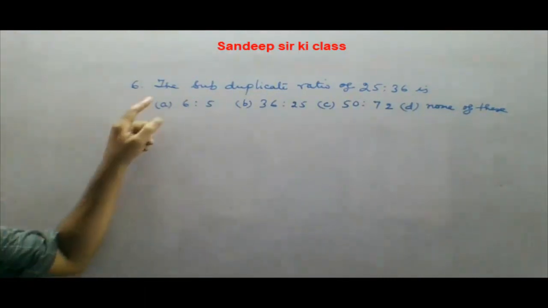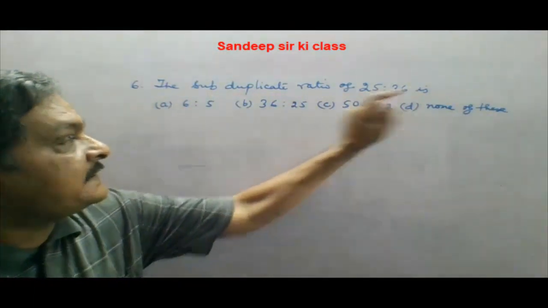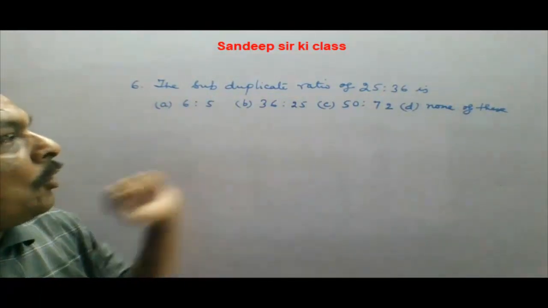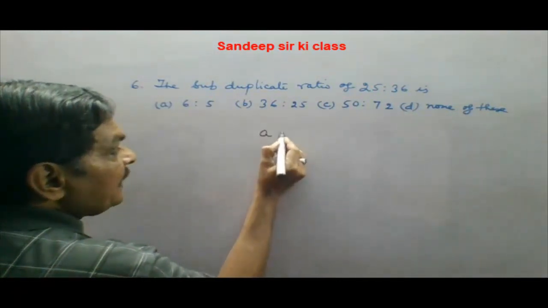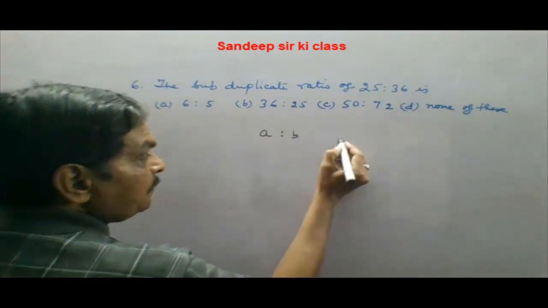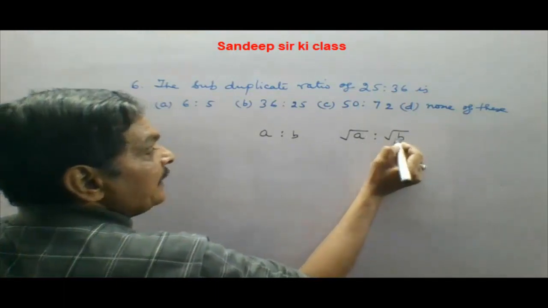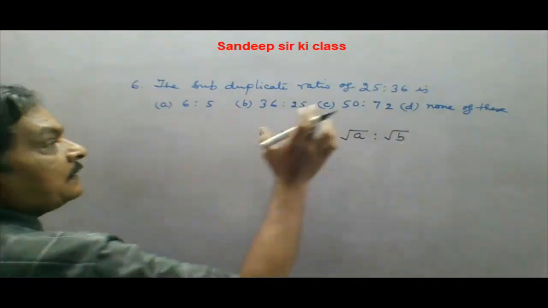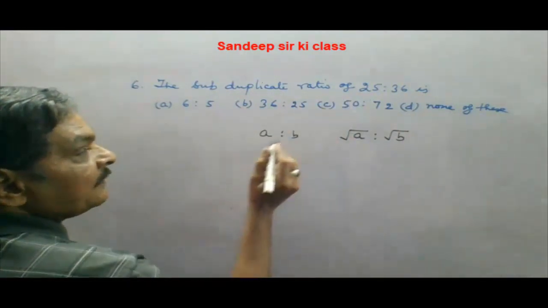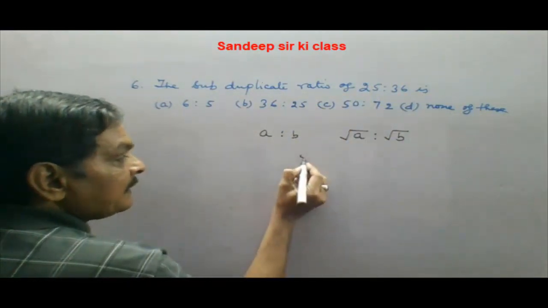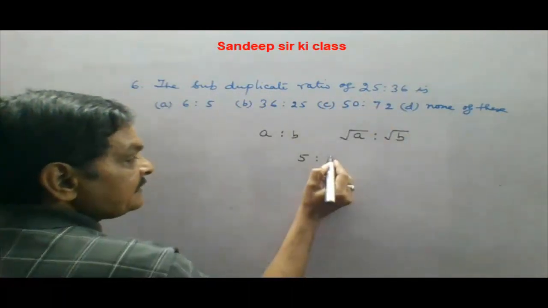Our next question is: the subduplicate ratio of 25:36 is, and these are the options. Now we know that if the ratio is A is to B, its subduplicate ratio is under root A is to under root B. Therefore, when the ratio is 25:36, its subduplicate will be under root of 25, that is 5, ratio under root of 36, that is 6.